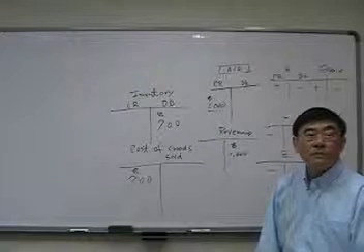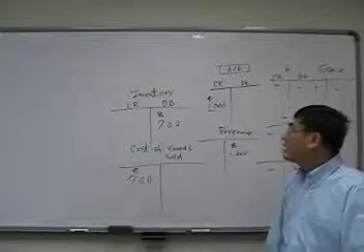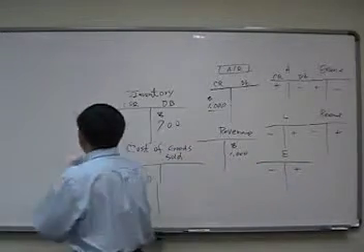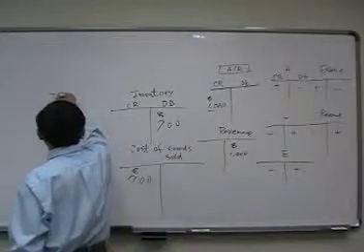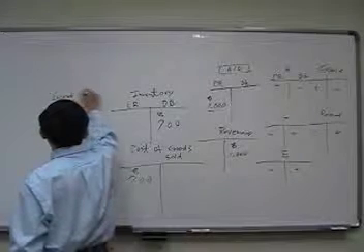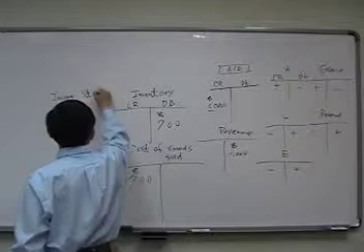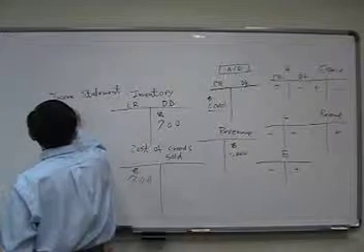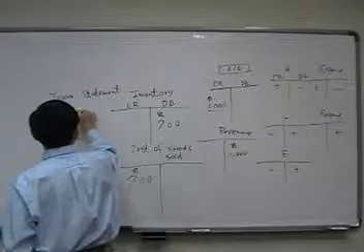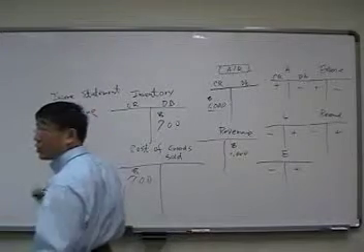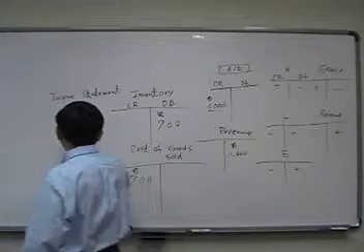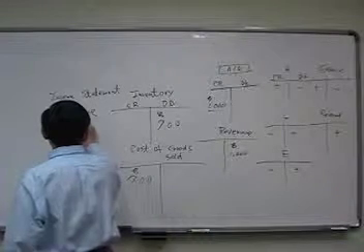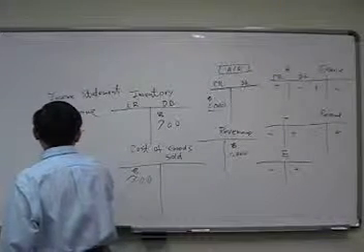Got it? Eventually, when we talk about the income statement, the whole structure is like this. Revenue. We have one chapter to talk about this. Cost first, minus cost and minus expenses.